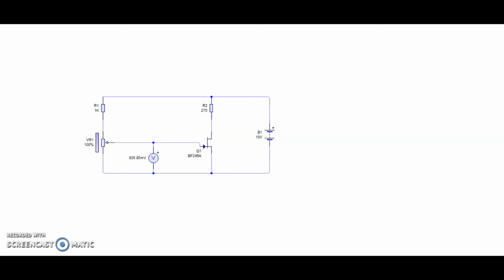If the gate is negative enough, this device will be turned off and the current will not flow. So this causes the circuit to have a sudden voltage drop.